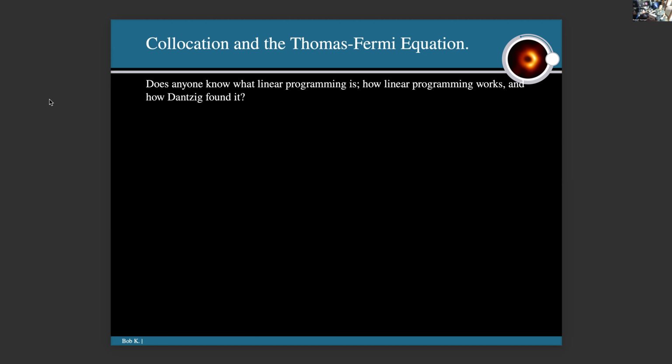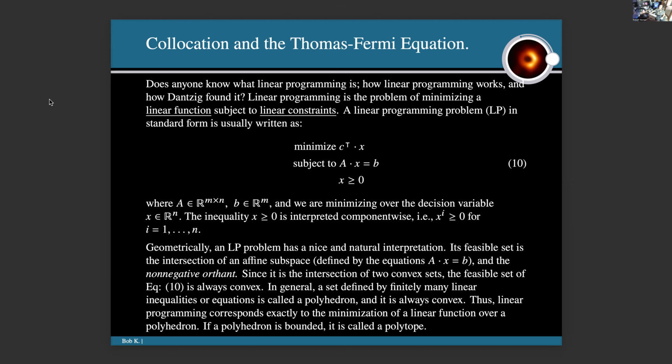Anyway, so what is linear programming? You have a linear function, some vector of constants times a set of what are called decision variables. The x's are called decision variables.